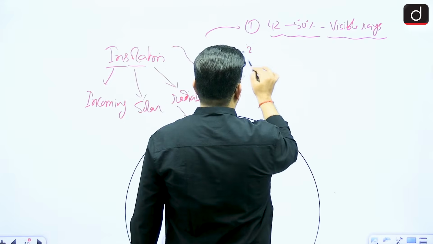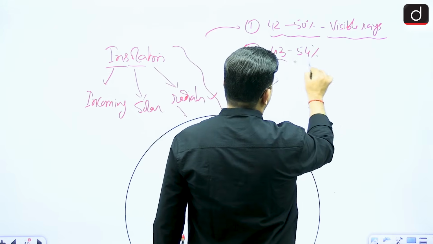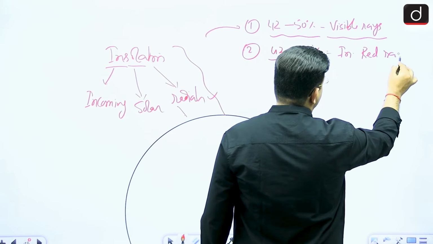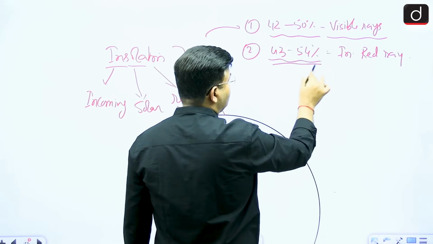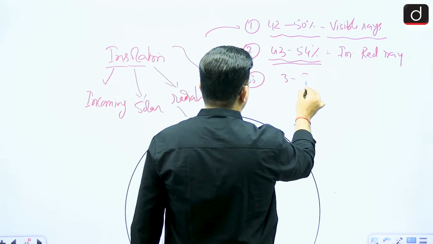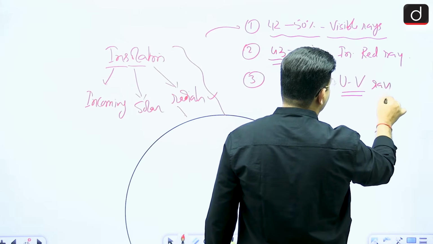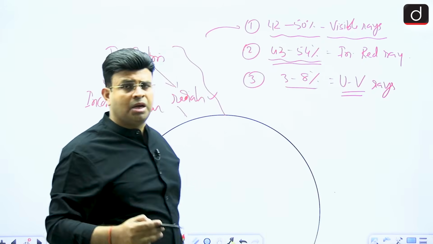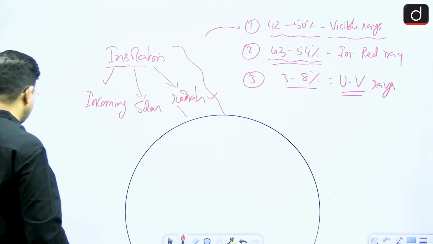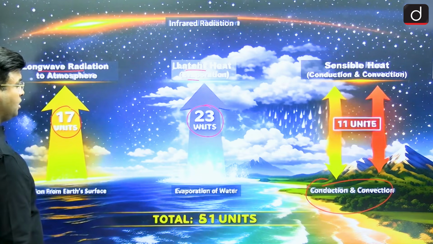The second one, around 43 to 54%, is infrared rays which are coming. And third, 3 to 8% is UV rays, and these UV rays are absorbed by the upper atmosphere ozone, must remember that.